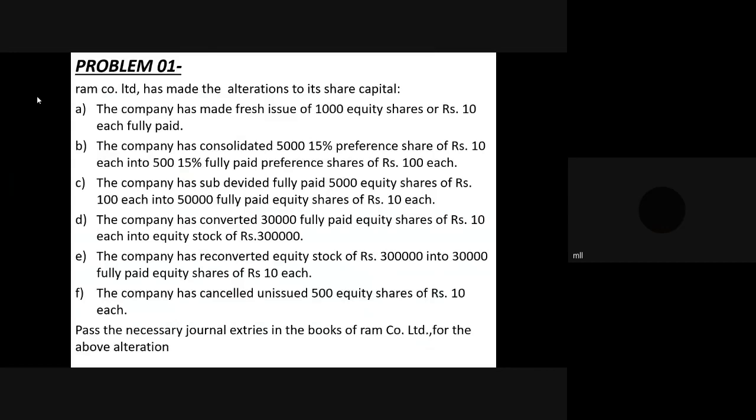Second, the company consolidated 5,000 15% preference shares of rupees 10 each into 500 15% fully paid preference shares of rupees 100 each. Third, the company subdivided fully paid 5,000 equity shares of rupees 100 each into 50,000 fully paid equity shares of rupees 10 each.